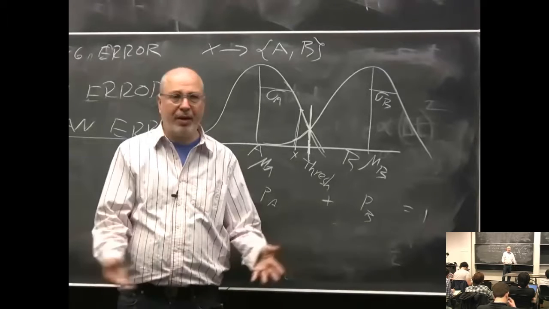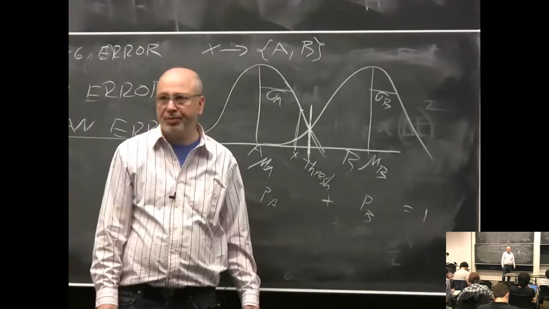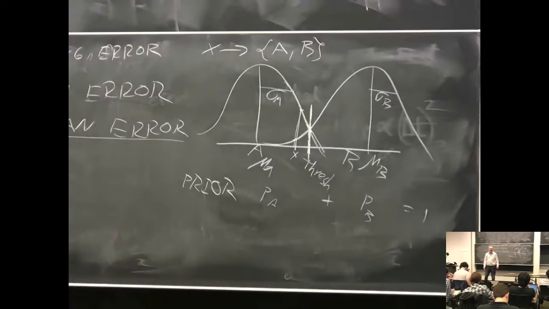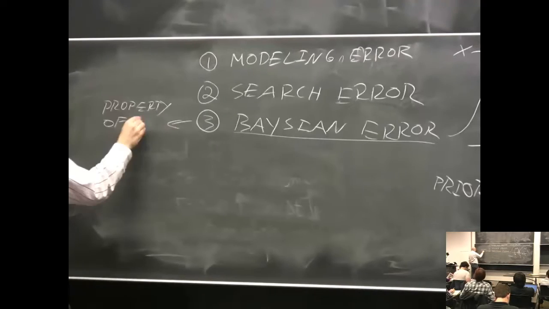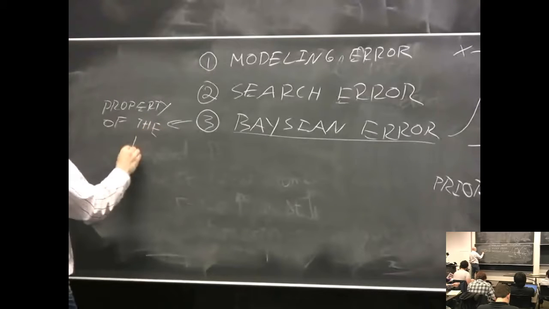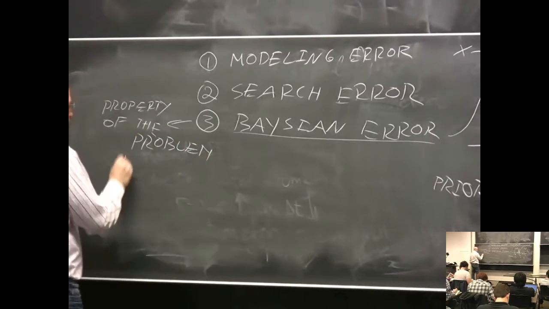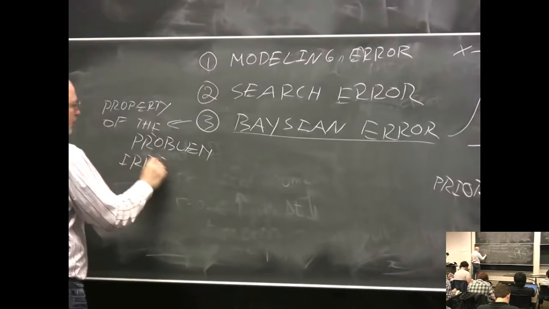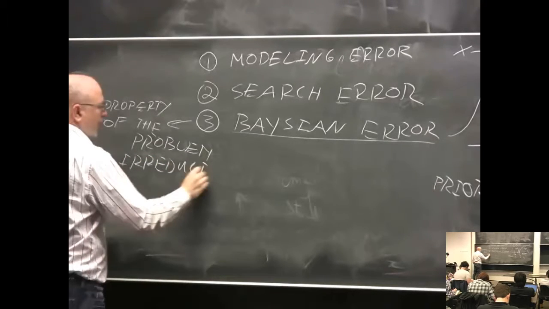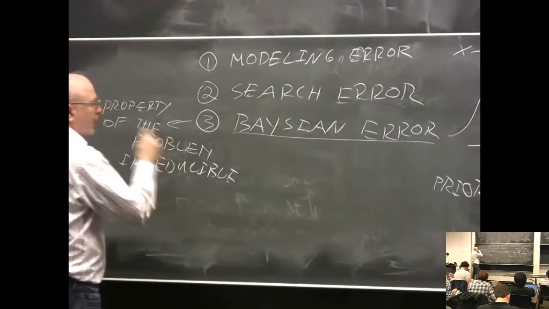It came from A or from B, but it has no effect on the outcome, so this is a property of the problem, not of my model or my solution. It's irreducible. As long as I didn't change the problem definition, it's irreducible.